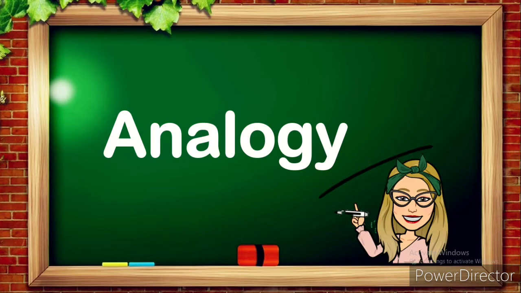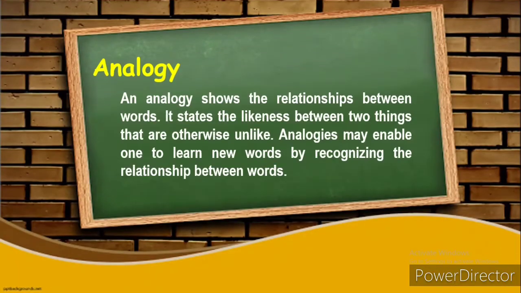In our previous lesson, an analogy shows the relationships between words. It states the likeness between two things that are otherwise unlike. Analogies may enable one to learn new words by recognizing the relationship between words. And today, we will discuss it deeper and further.